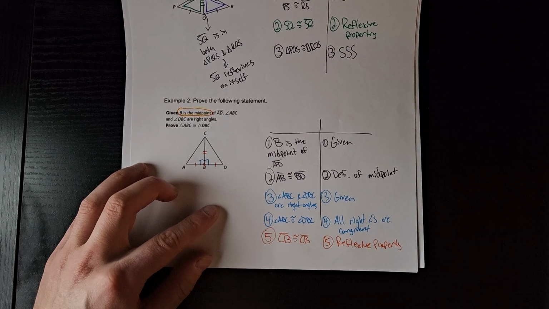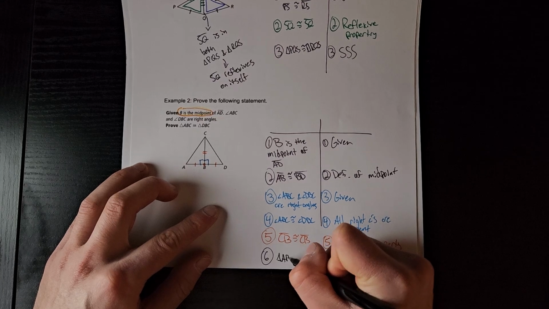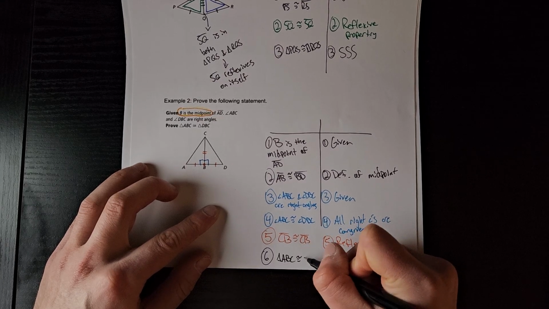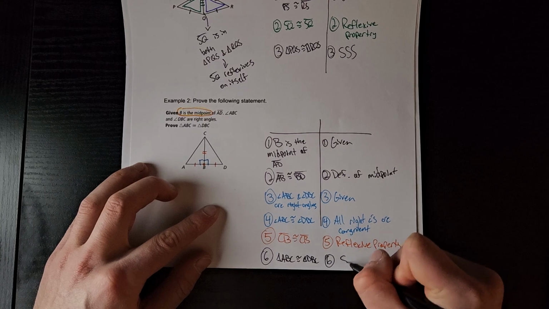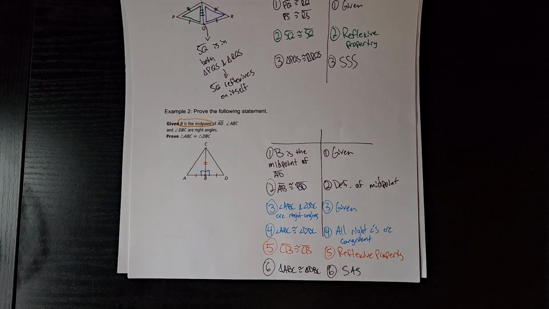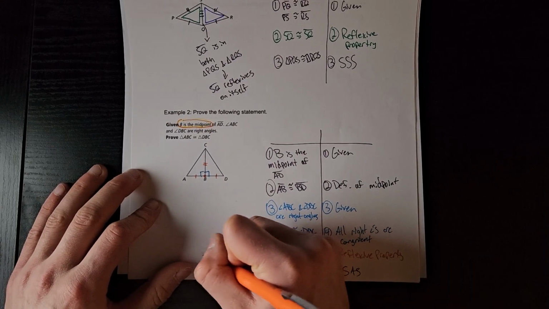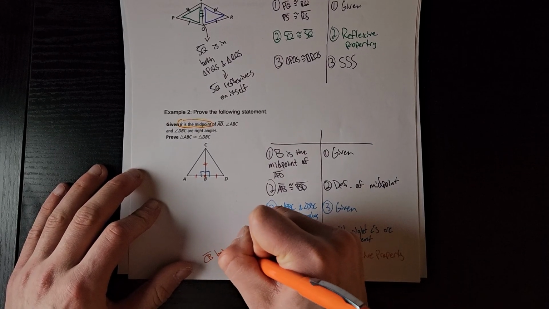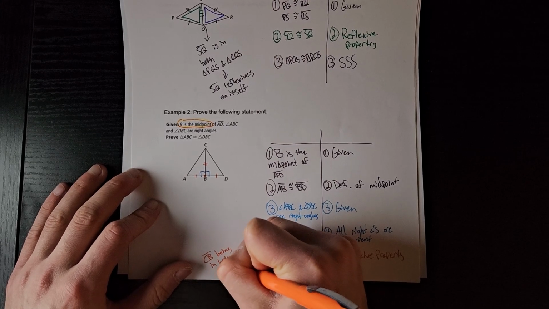And that means I have concluded my statement with triangle ABC being congruent to triangle DBC, and this was SAS. And I will make a note with segment CB being in both triangles.